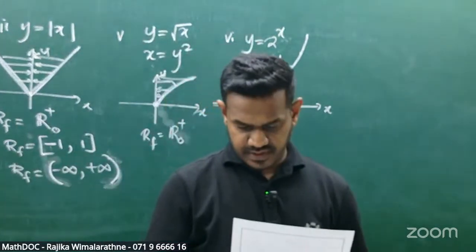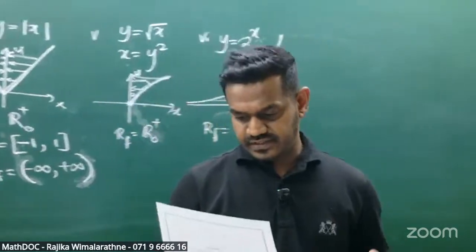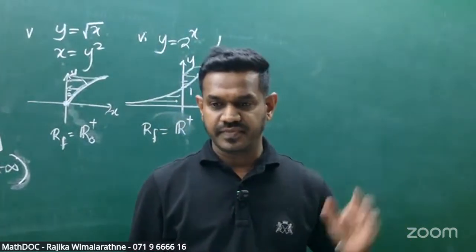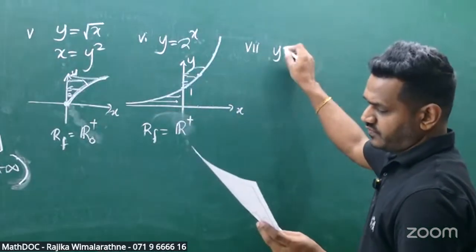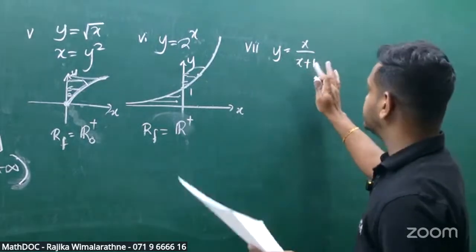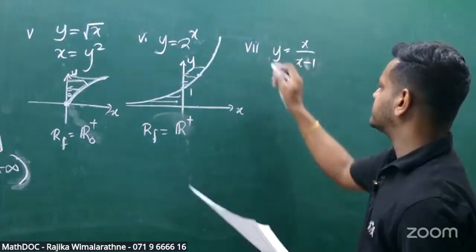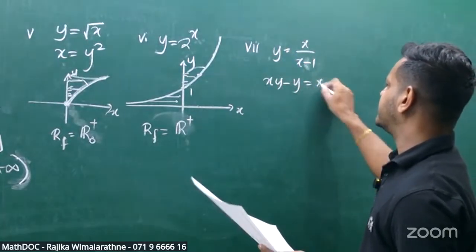Now, again, we have two more functions. So let's find them. The seventh one: y equals x over x minus 1. Then subject x, cross multiply: xy minus y equals x.